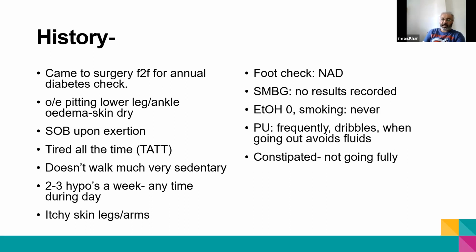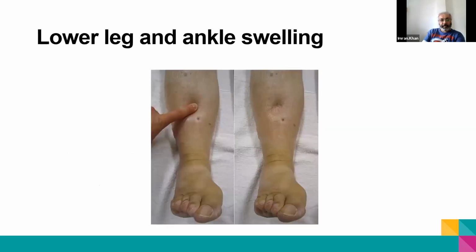She's going, but it doesn't feel like a full bowel motion, and she uses Senna for that. So you have a quick look at her legs and her ankles, and she has got what we call pitting edema, and you can press firmly, and it does leave a nice little indentation, which then comes back up slowly.